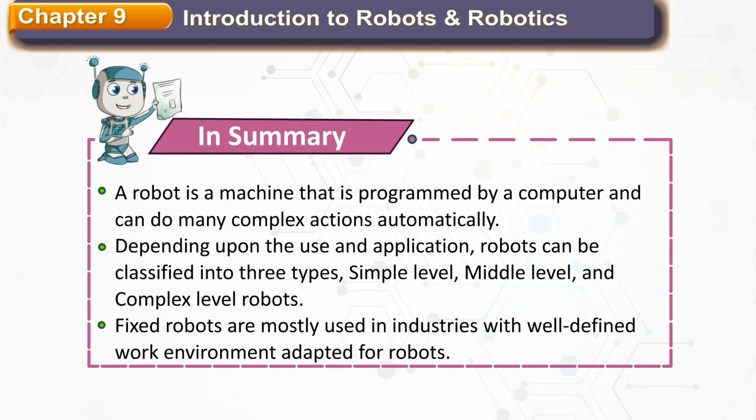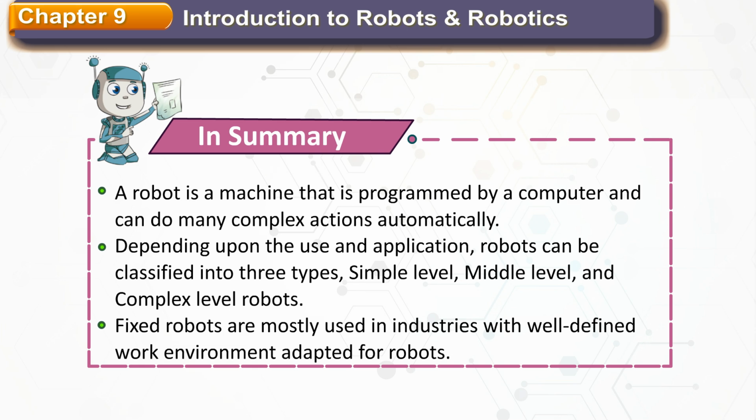In summary, a robot is a machine that is programmed by a computer and can do many complex actions automatically. Depending upon the use and application, robots can be classified into 3 types: simple level, middle level, and complex level robots.